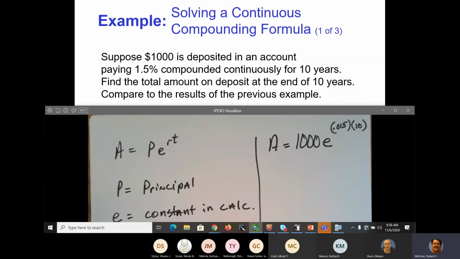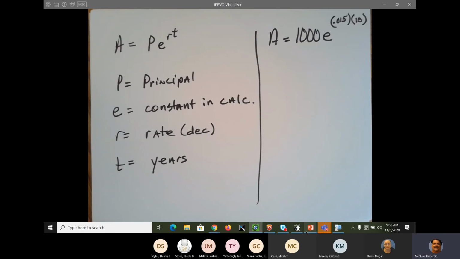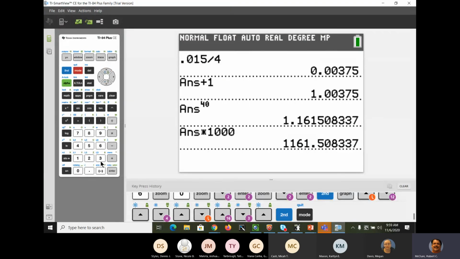Okay, so let's type this in a calculator, because unless you're Rain Man, you're not going to be able to do it without a calculator. So, second, we're going to take e. e is right here above the natural log key. So I'm going to do the e first. You don't have to, but that's what I'm going to do.